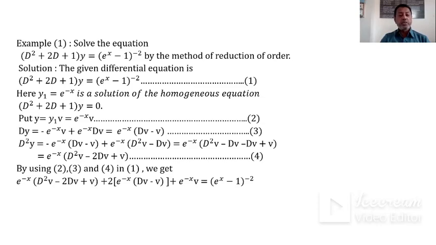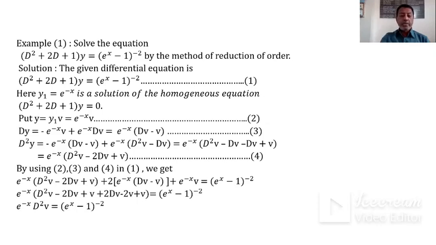After substituting, we get this differential equation. Now, rearranging this differential equation, collect the coefficients of v'', v', and v. We get this differential equation in this form: e^(-x) v'' = (e^x - 1)^(-2).